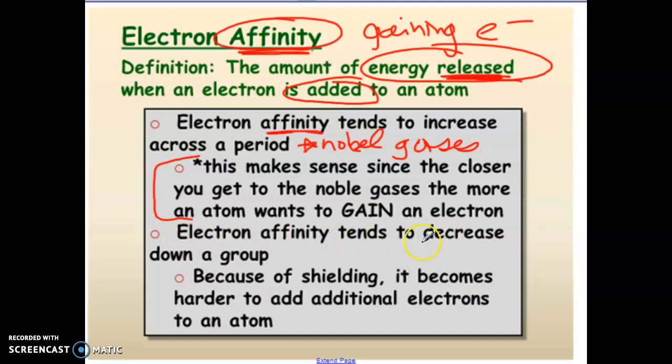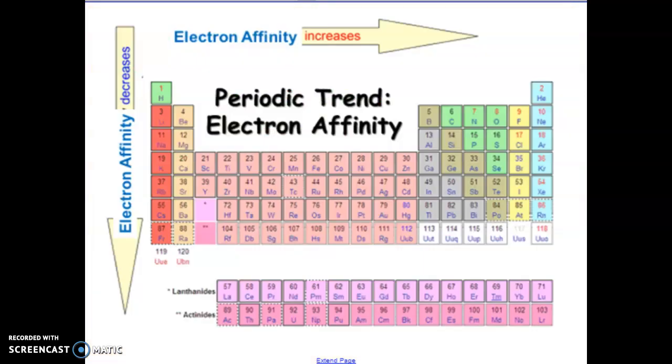So electron affinity will decrease going down a group because you're going to have more shielding, that repulsion between electrons. Additional electrons are not going to want to be added in because there are already electrons repelling each other. Whereas if you have an attraction for electrons, it becomes relatively easy to gain more electrons. So in general, going to the right, you are increasing the attraction.